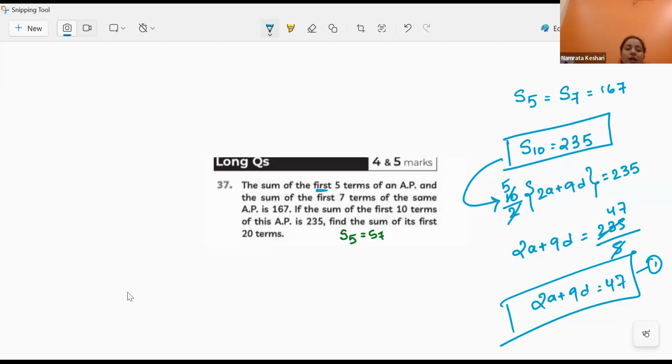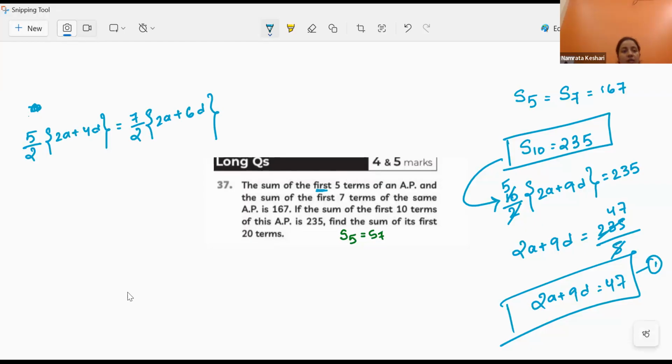So we are comparing: the first five terms sum will be 5 by 2, 2A plus (5 minus 1) into D. That is the same as the sum of 7 terms, that means 7 by 2, 2A plus (7 minus 1) into D. So far, any confusion?